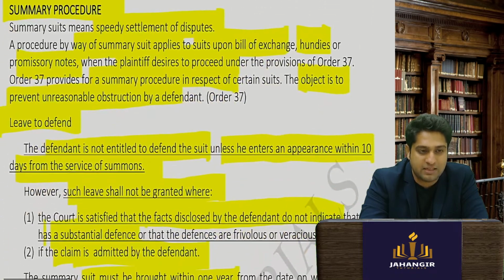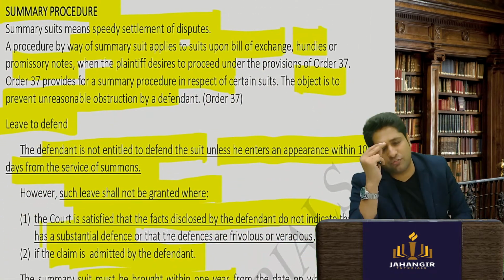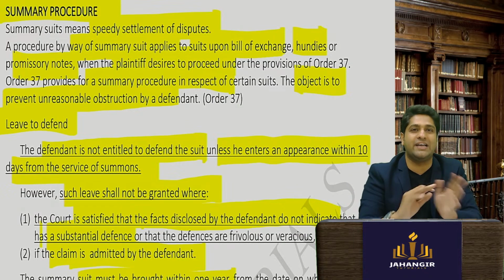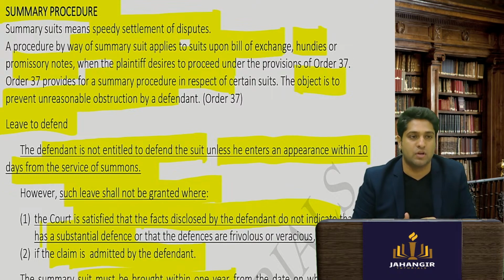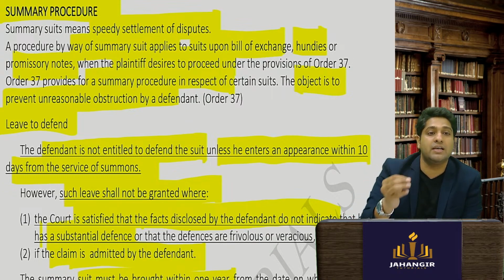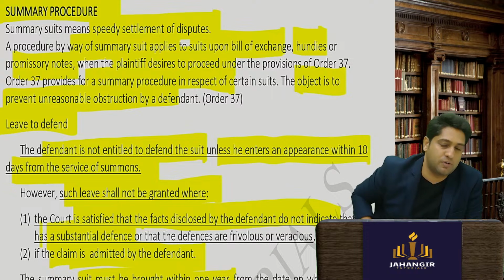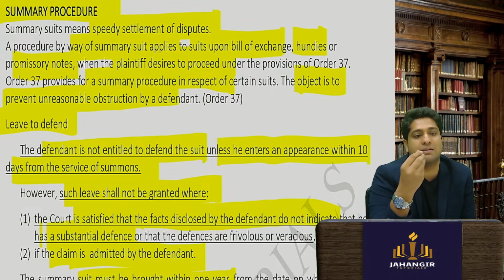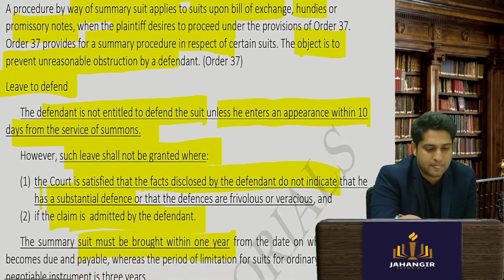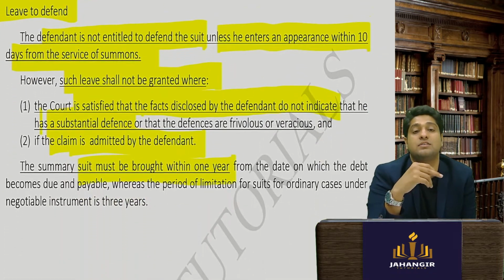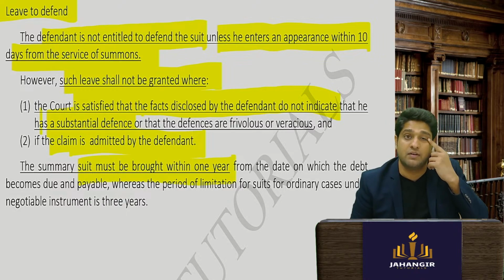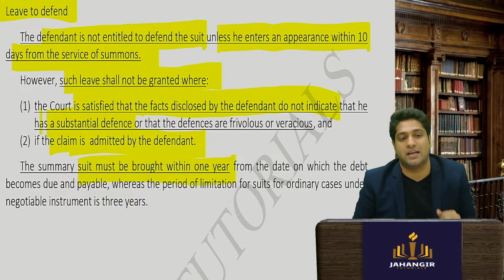Then we see summary procedure. Summary procedure is for very, very small cases, where the court wants to quickly end it. So summary suit or summary procedure is a speedy settlement of dispute. The court wants to summarily end it. Now, we will only end matters summarily where we feel that it is with respect to a bill of exchange or something which is a very clear-cut one-sided case.